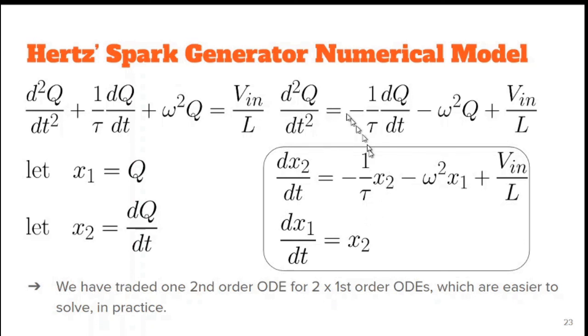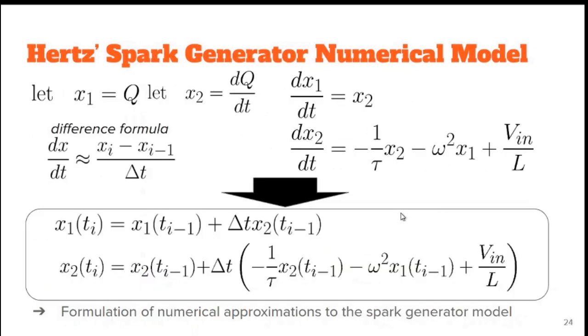But this sets us up so we can start to calculate things the way we want to do it in Python. But we've got one more step before we can do that. And that is we want to take these derivatives here, the derivative of x1 with respect to time and the derivative of x2 with respect to time, and we're going to use what's known as a difference formula, which is just an approximation for writing this simple first order derivative dx/dt. It's just x sub i minus x sub i minus 1, divided by delta t.